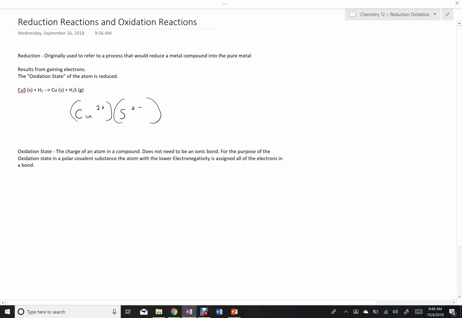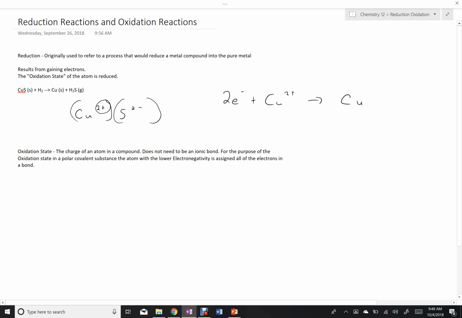During the reaction, focusing on copper, it's going to go from the 2 plus oxidation state to becoming pure copper. If it was copper 2 plus, to go back to being copper regular, it must have gained 2 electrons.